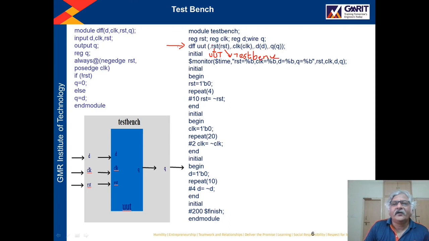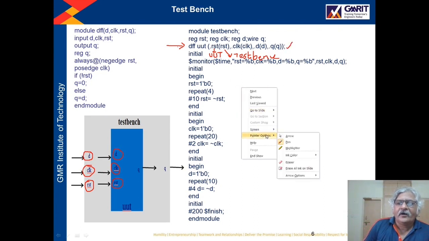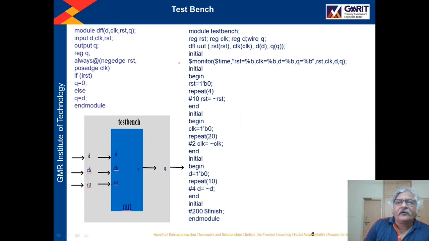So we are associating the RST port of the unit under test with the RST port of the test bench. CLK of the test bench is associated with CLK of the unit under test, and D of the test bench is associated with D of the unit under test. So in this way we have done this instantiation. Already these things we discussed earlier also, right?